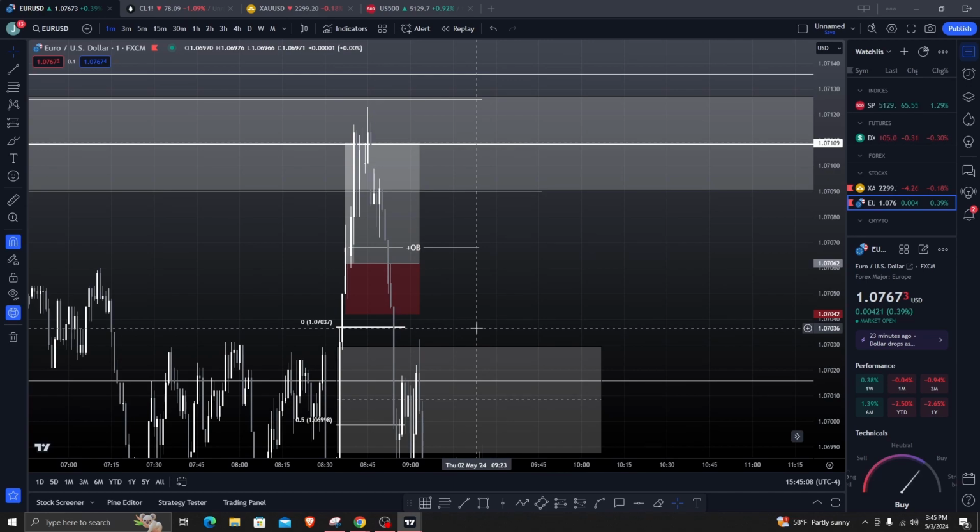That's something that I did want to journal and really show. I want to really say that this trade is not good in terms of me not being able to figure out my draw on liquidity, but this trade is good in execution. But that's it for this one.